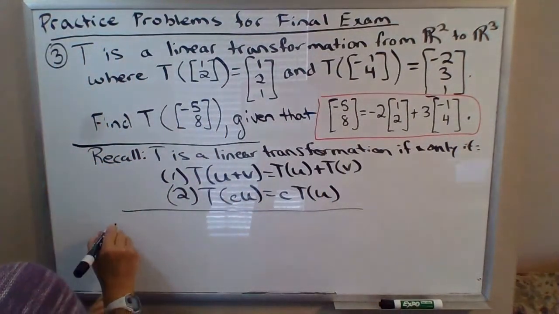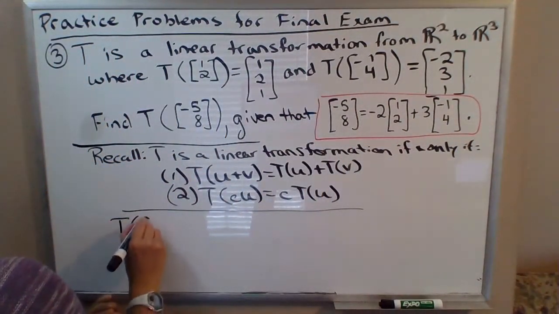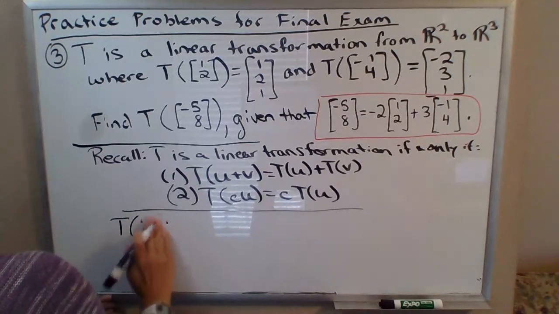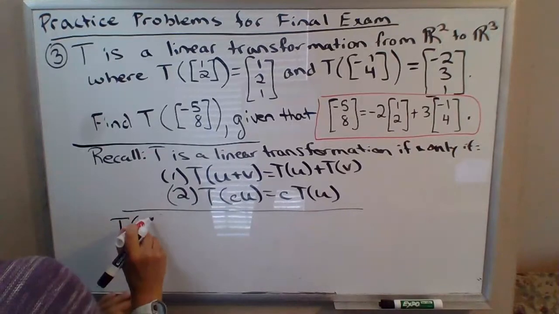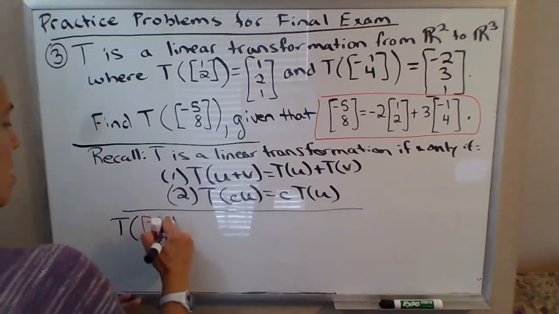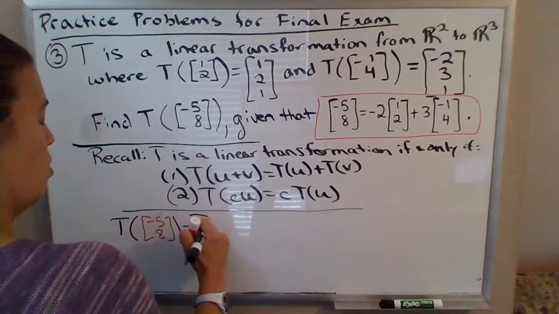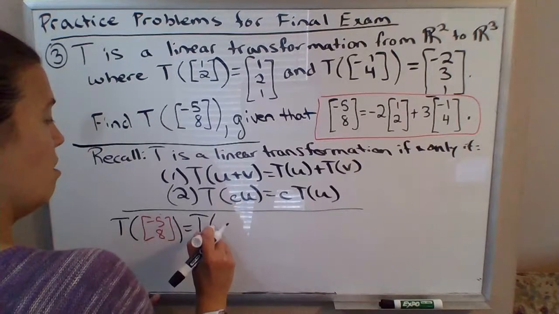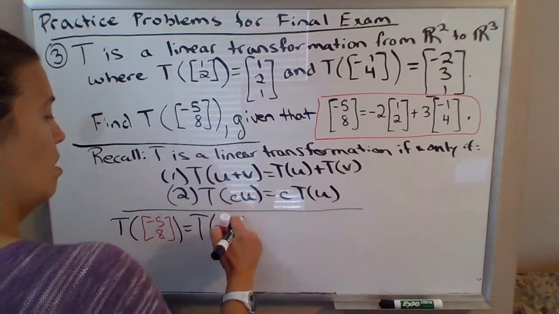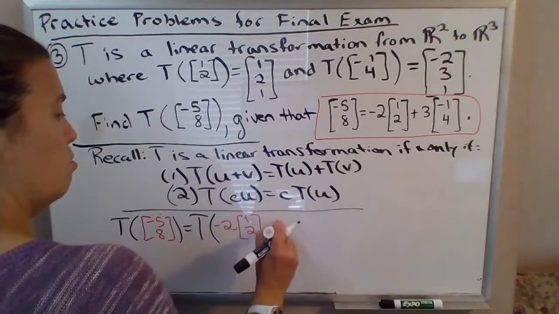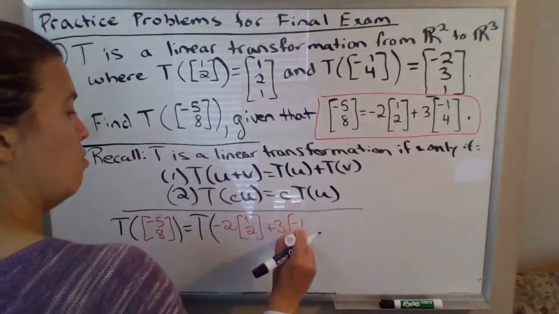T of negative 5, 8, which I would actually like to color code, is equal to, according to the equation we were given, T of negative 2 times 1, 2 plus 3 times negative 1, 4.